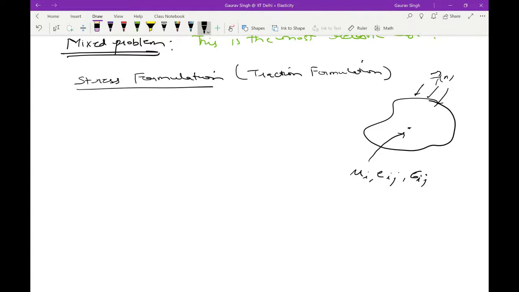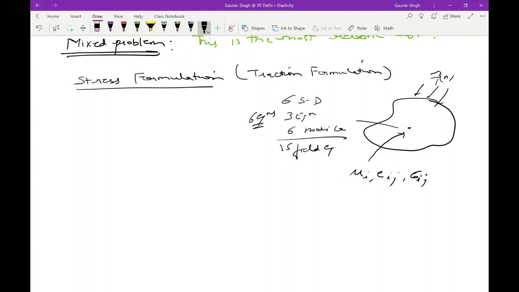Now you remember there are field equations: 6 strain displacement relations, 3 equilibrium equations and 6 for Hooke's law. So you had 15 field equations and there were 6 compatibility equations as well, which we were not using, in the sense they were valid but they were not really helpful in conveying any new information.